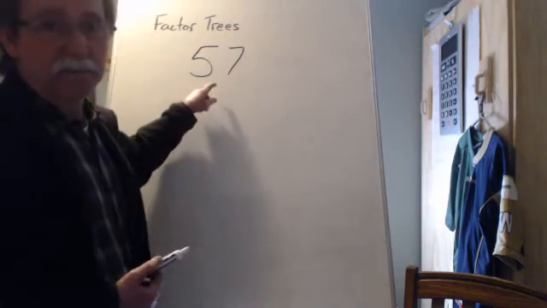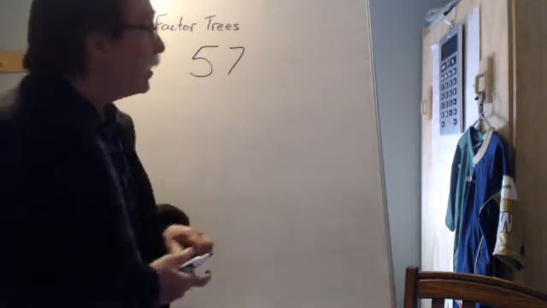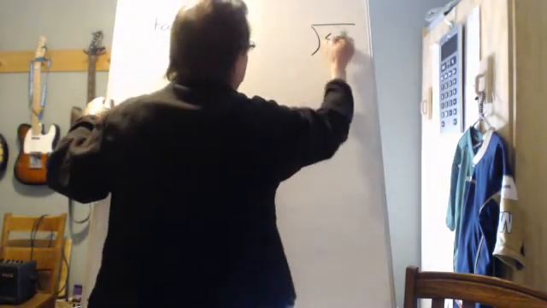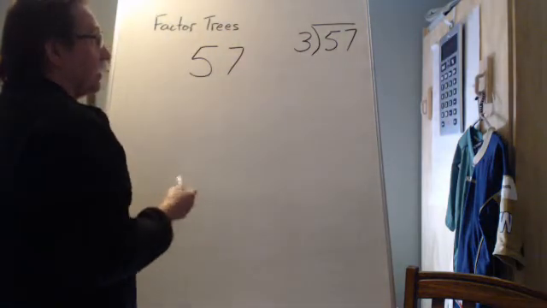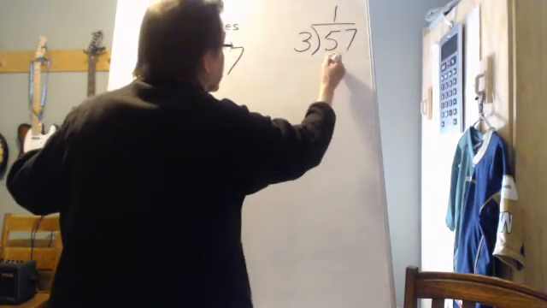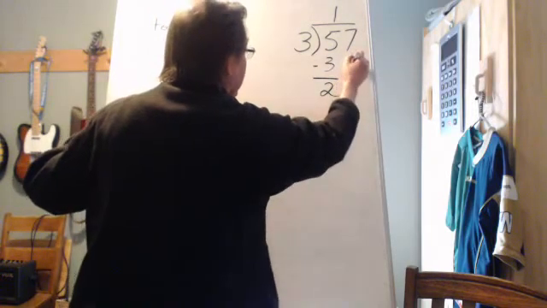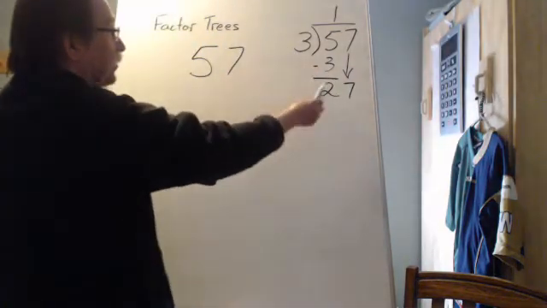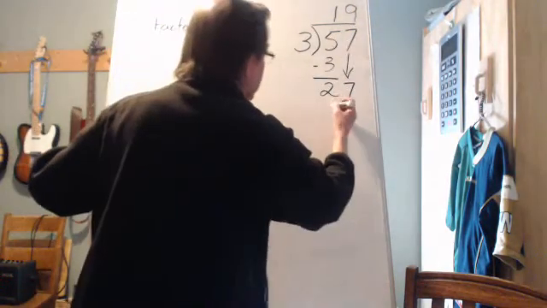Do you think 3 goes into 57? Well, it does, and I'm going to just prove it to you over here. We'll do it the old-fashioned way. So 3 into 5 goes 1 time. 1 times 3 is 3. That's a 2. Bring that down. That's a 27. 3 into 27. Oh, wow. That's a 9. 9 times 3 is 27.